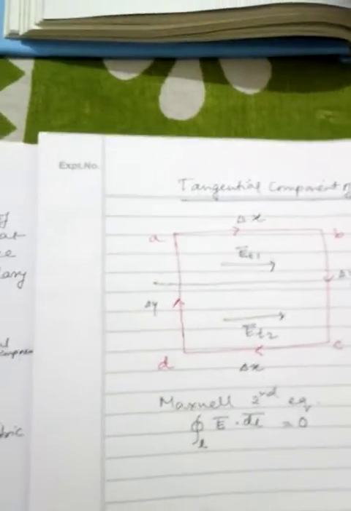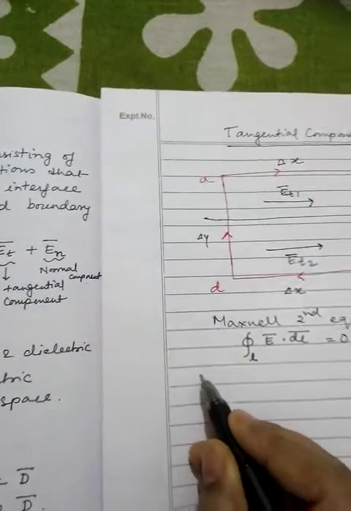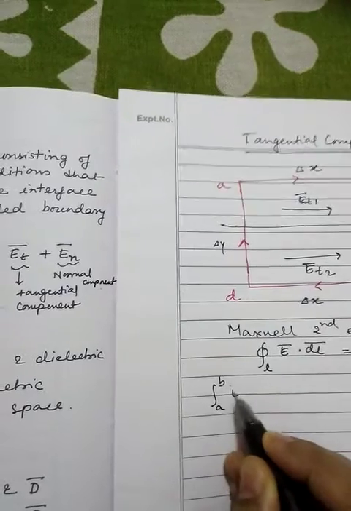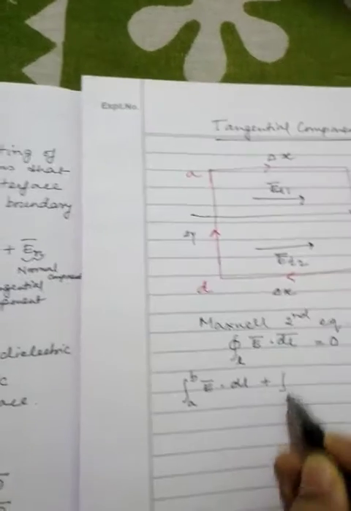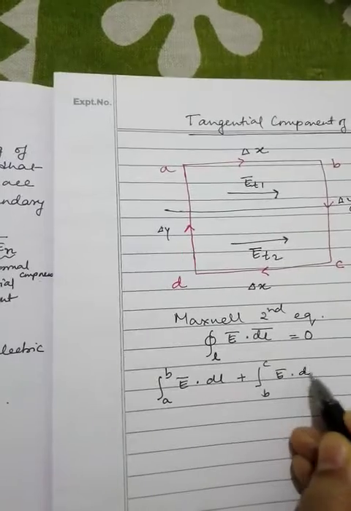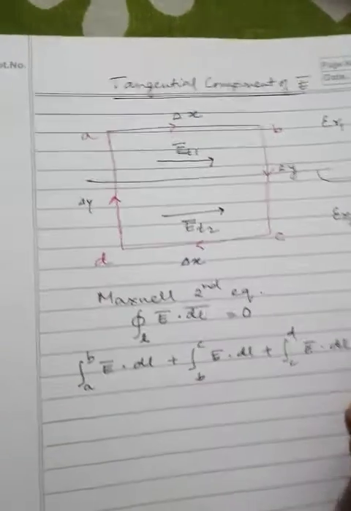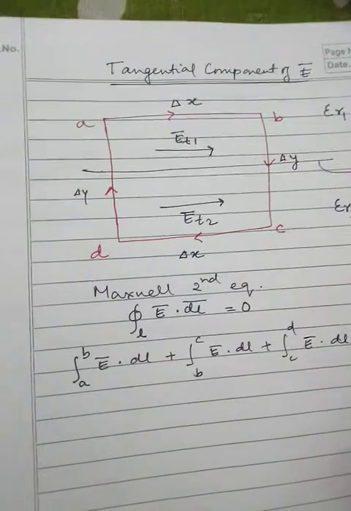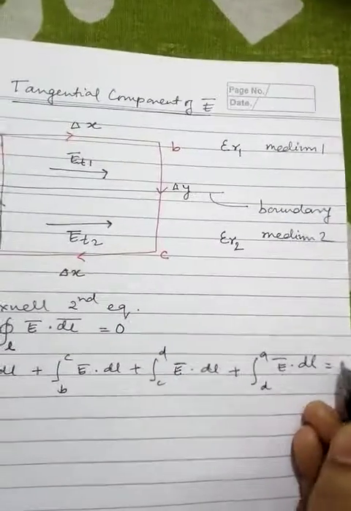Okay, so if it is so, we can write that from A to B, E dot dl, plus B to C, E dot dl, plus C to D, E dot dl, plus D to A, E dot dl is equal to 0.